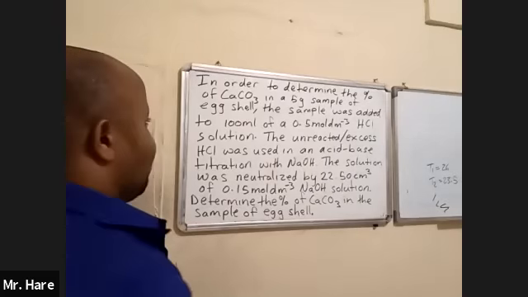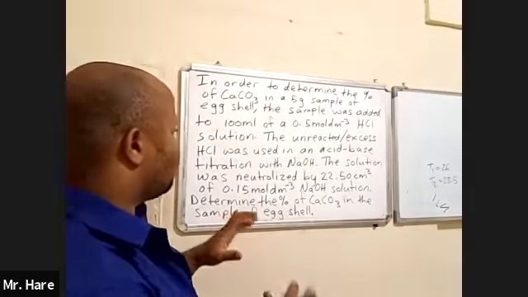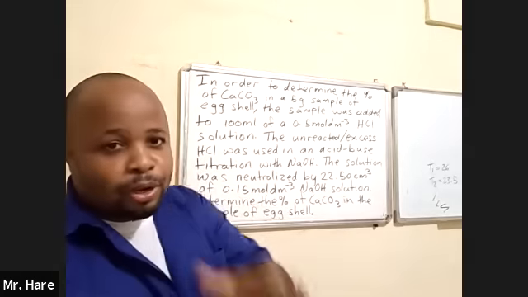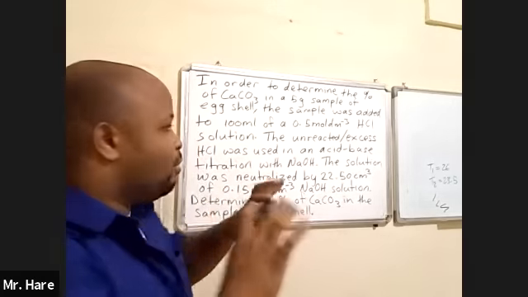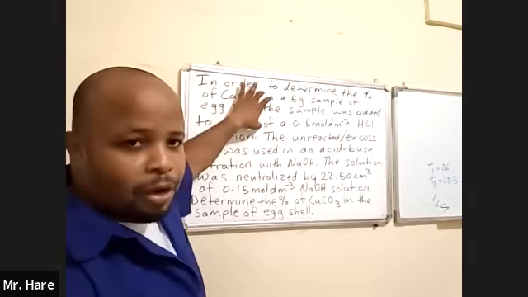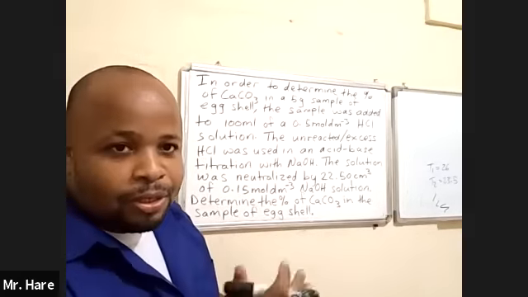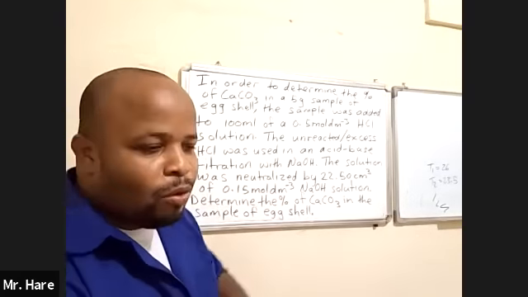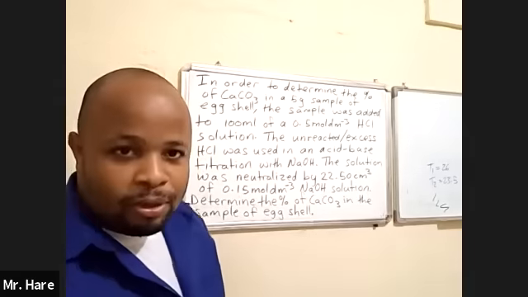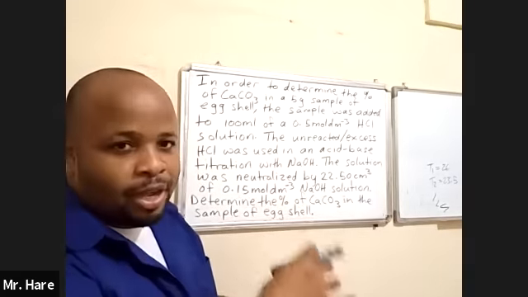When you get the hot titration question, I'm going to separate it into two parts. The first part of your question is always about the reaction that is taking place. In our example, it would be between the calcium carbonate and the hydrochloric acid.